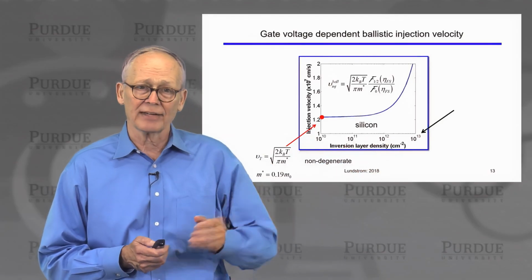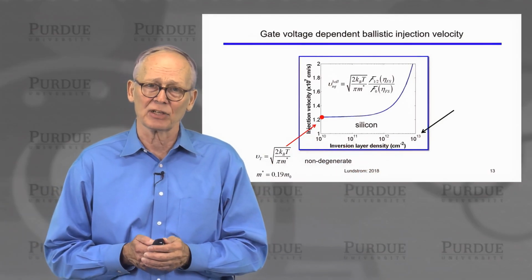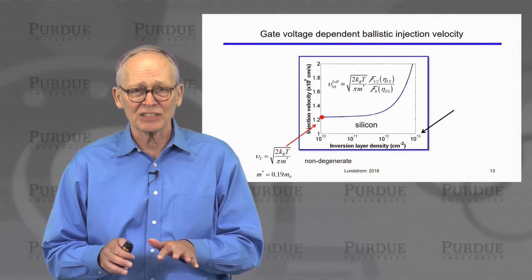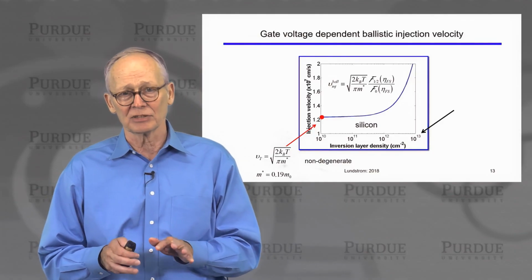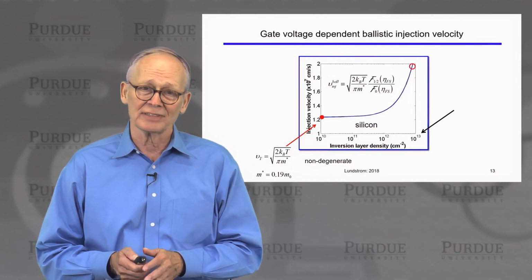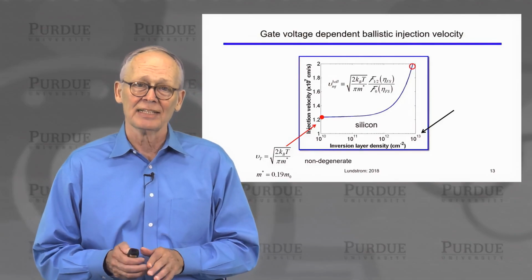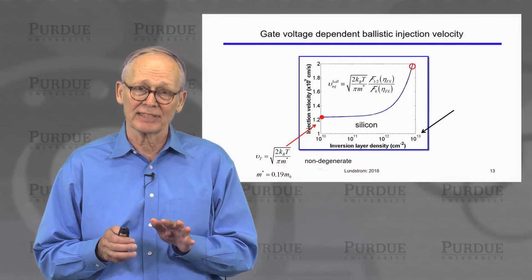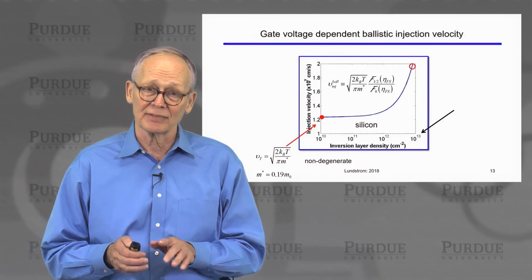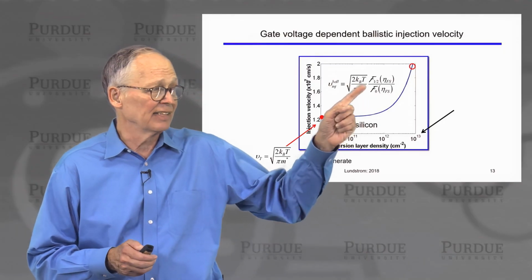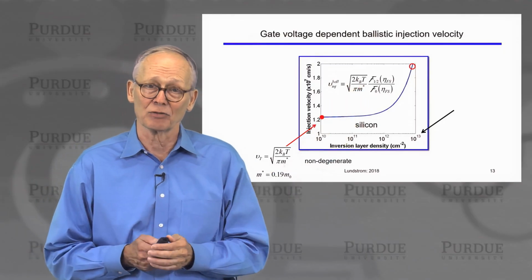10 to the 13th carriers per square centimeter is about the largest density of electrons. That's what you might get under on-current conditions in a MOSFET. And you can see that under those conditions, the ballistic injection velocity could be significantly larger than its non-degenerate limit, square root of 2 kT over pi m.